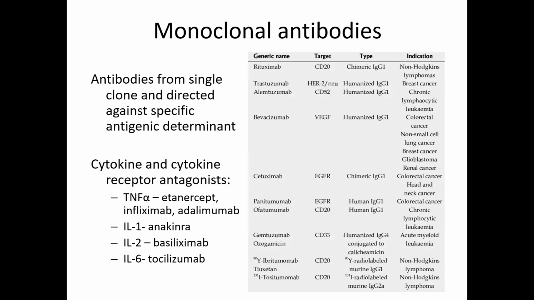And then there is the role of monoclonal antibodies. These are mainly cytokine and cytokine receptor antagonists. We have TNF alpha antagonists, like etanercept. We have interleukin 1, 2, and 6 antagonists. The interleukin 6 antagonist tocilizumab was widely used in COVID times.